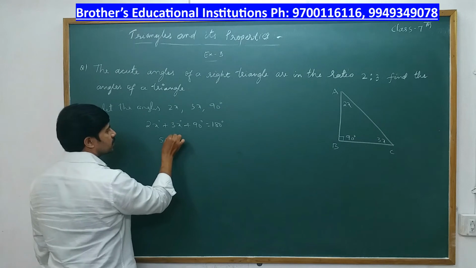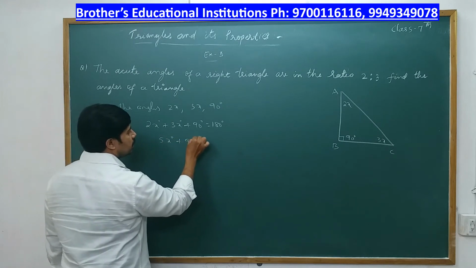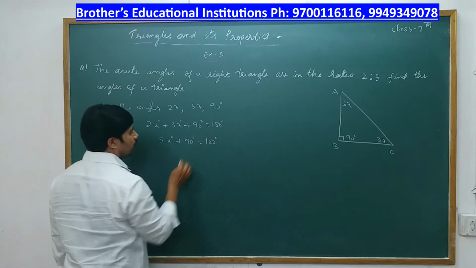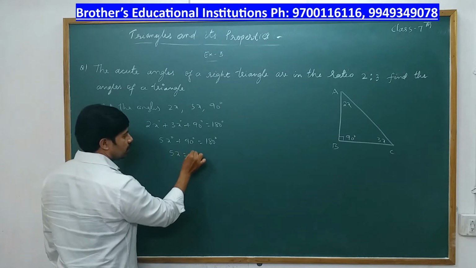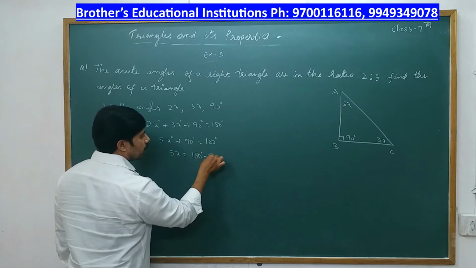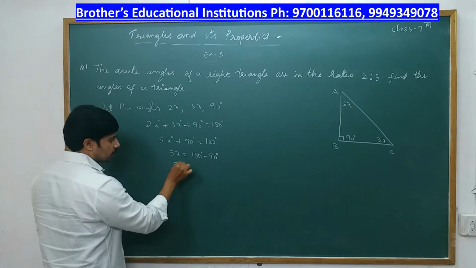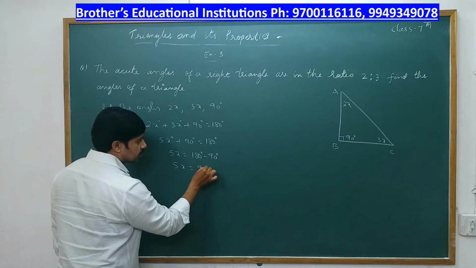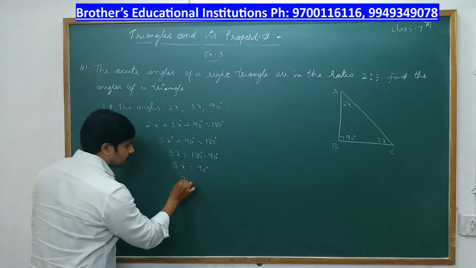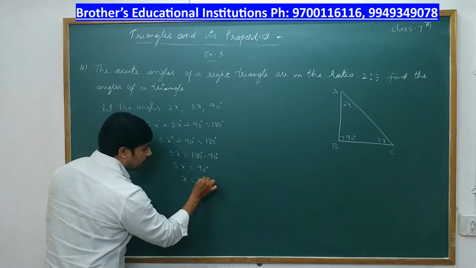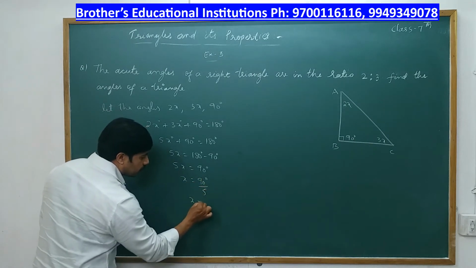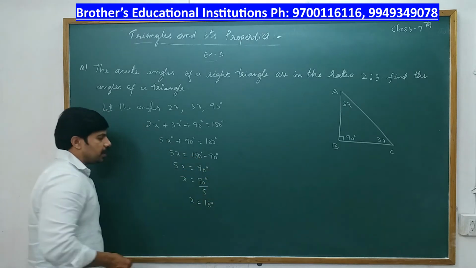So 5x plus 90 is equal to 180, 5x is equal to 180 minus 90, which is 90 degrees. So x is 90 by 5, which is 18 degrees.